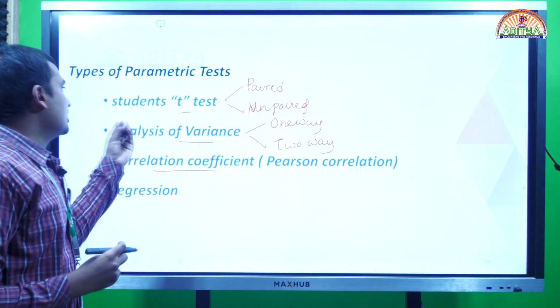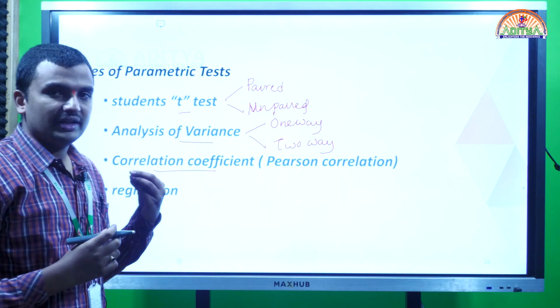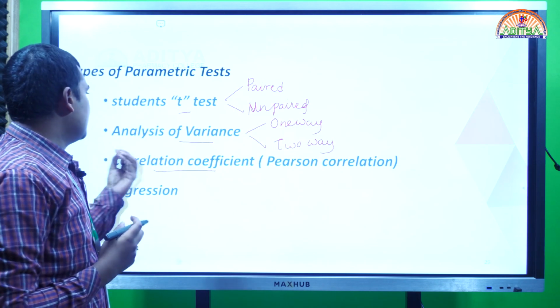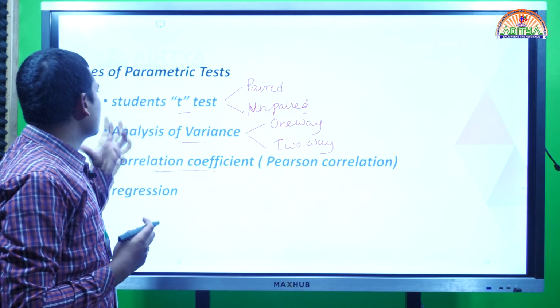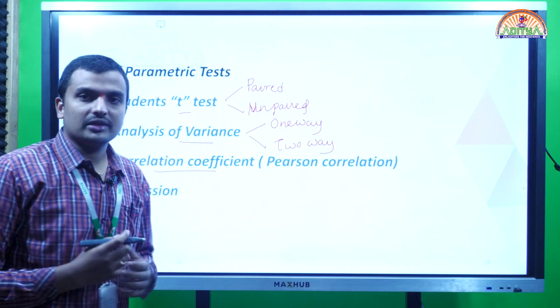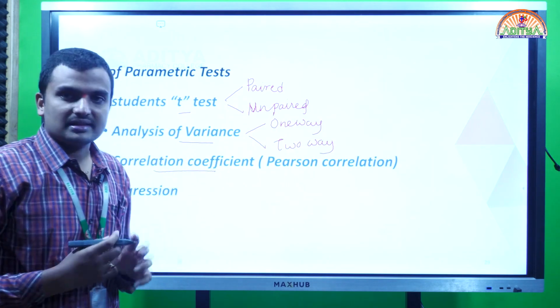In which situations we perform the paired t-test and when we perform the unpaired t-test, when we perform one way or two way ANOVA, we are going to discuss about these parametric tests in the coming classes. So thank you.